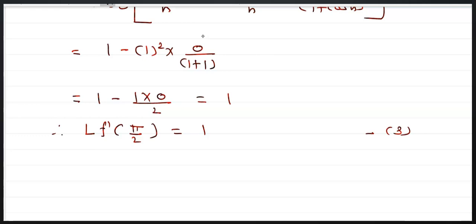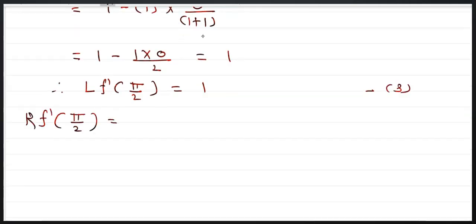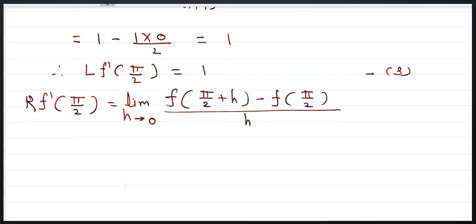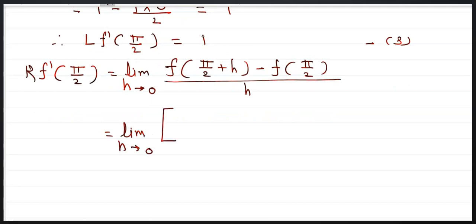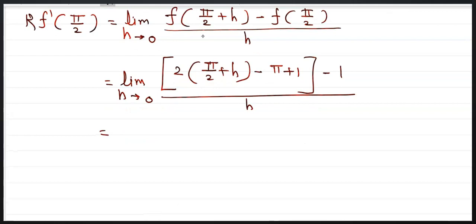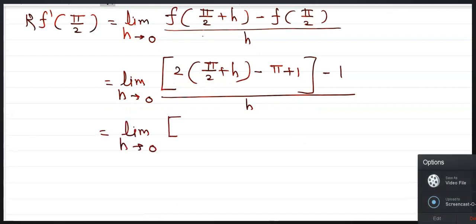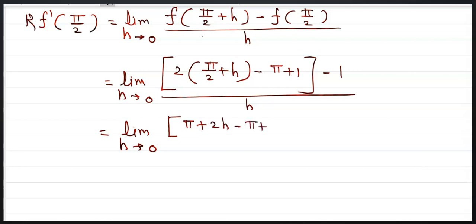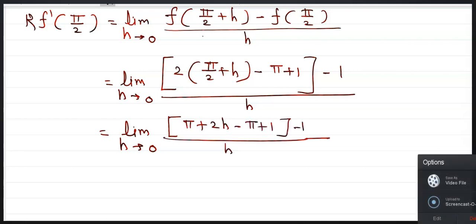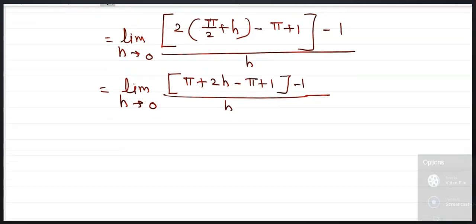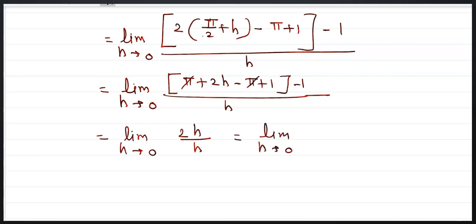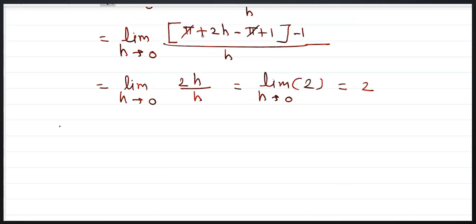Now the right hand side differentiation at x equal to pi by 2, by using the first principle. After the substitution, you will get 2h upon h, that is equal to 2.